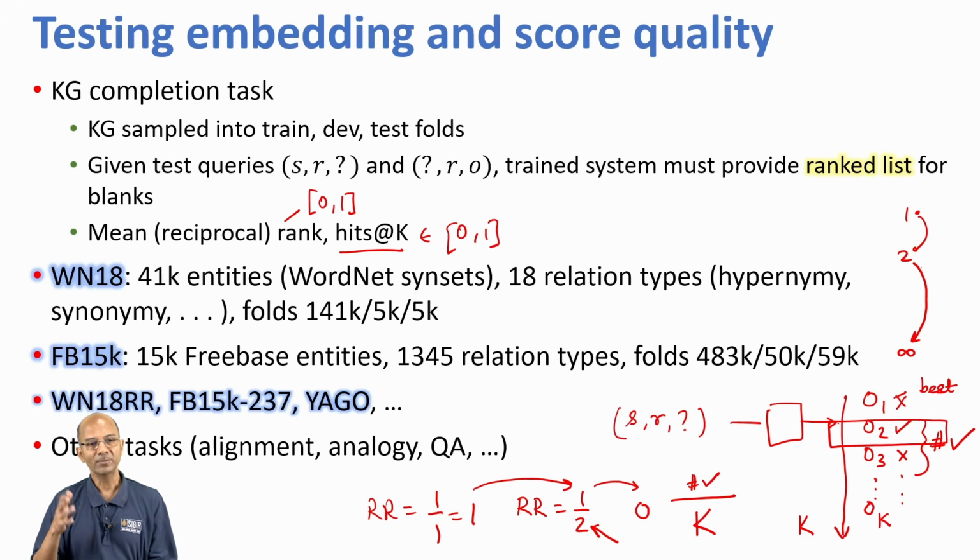There have been refinements on these datasets. These datasets have been found to be somewhat simple, in the sense that certain algorithms can cheat, and to prevent them from doing that, modified enhanced datasets WN18RR and FB15K-237 have evolved over time. There are other datasets like YAGO, yet another great ontology, and several other tasks.